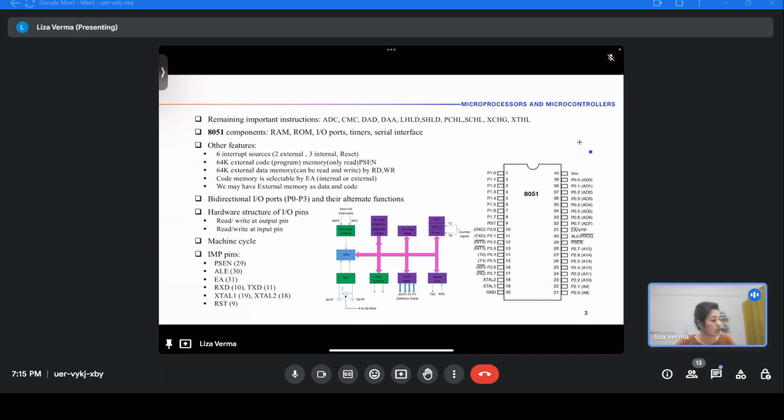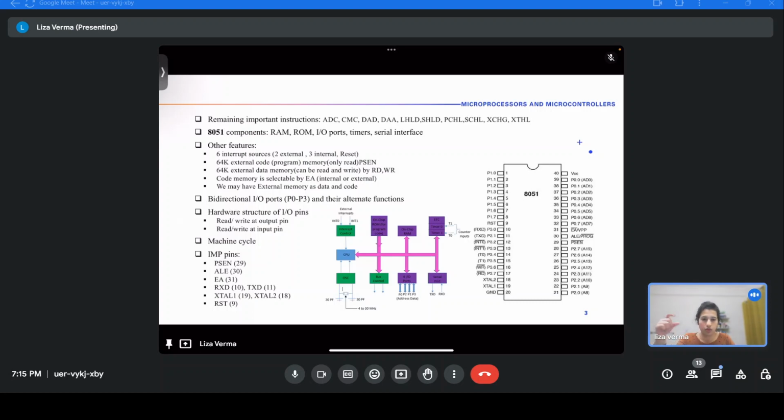Then 8051 operates on a clock frequency of how many megahertz? What is the clock frequency of 8051?